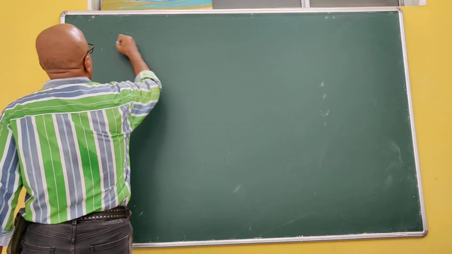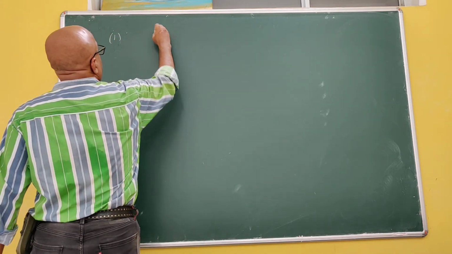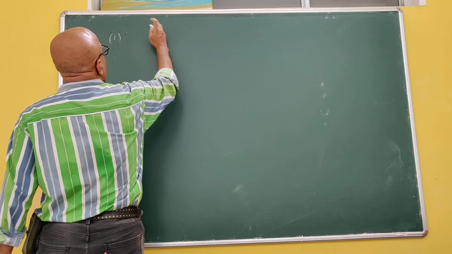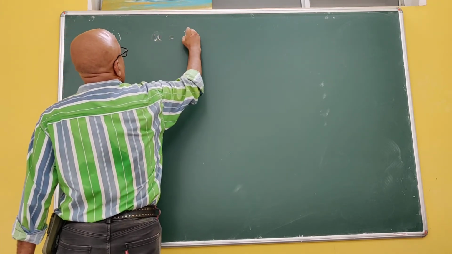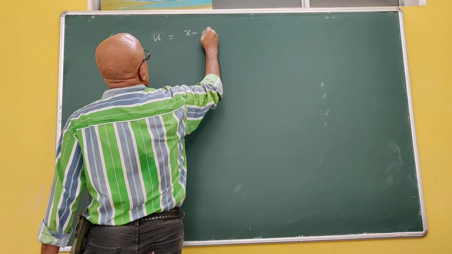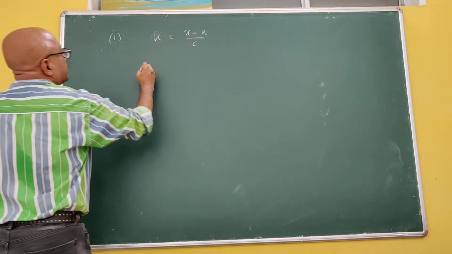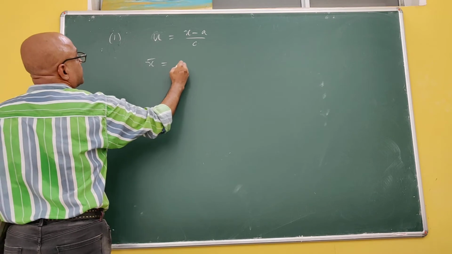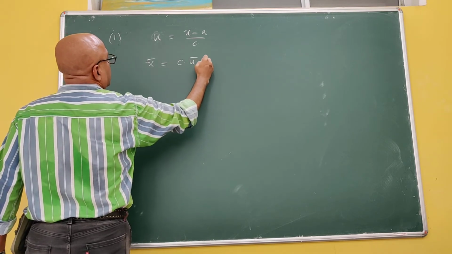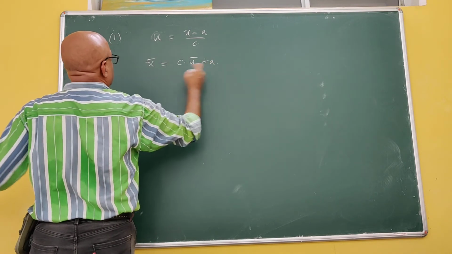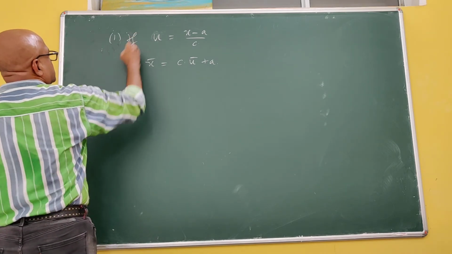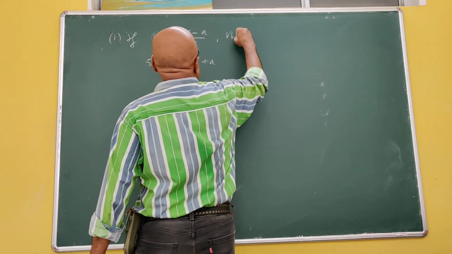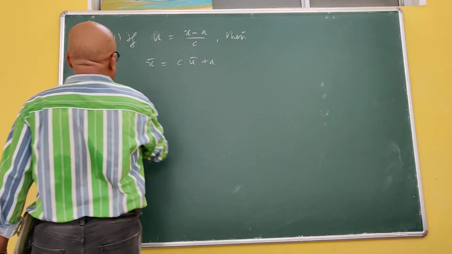Well, first thing is, if u is x minus a divided by some c, then x bar is given as c times u bar plus a. How do you show this? If this happens, then this happens.